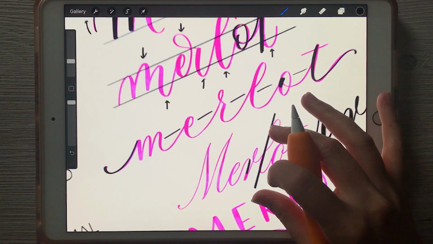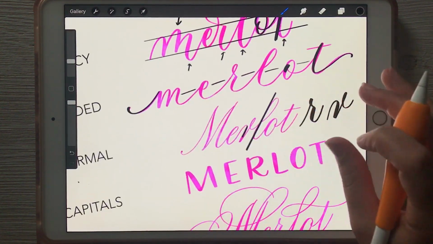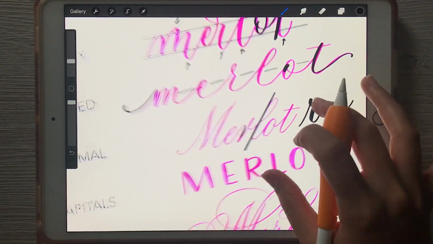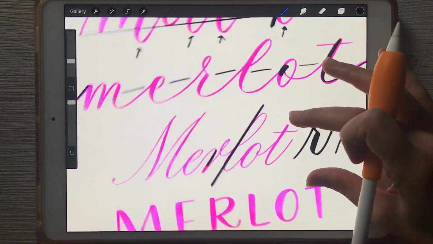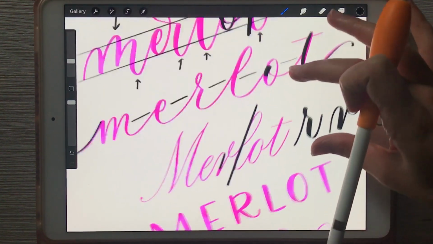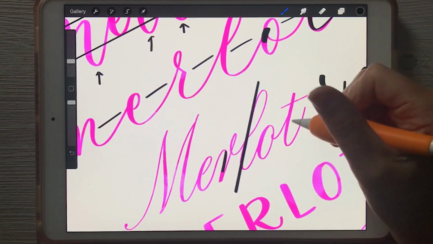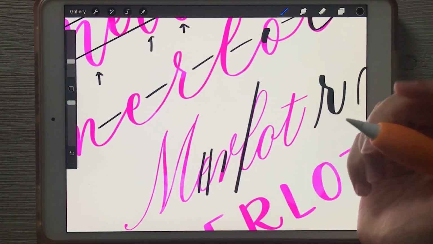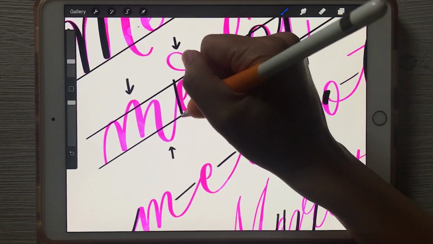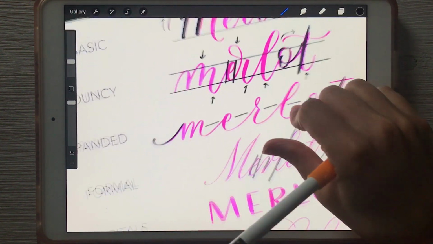And then the letters in general are just a little bit more elegant looking, not quite as chunky as the versions up here. The letters are also fairly narrow, like the amount of space that this E takes up is pretty small compared to this E, which is a little bit wider.